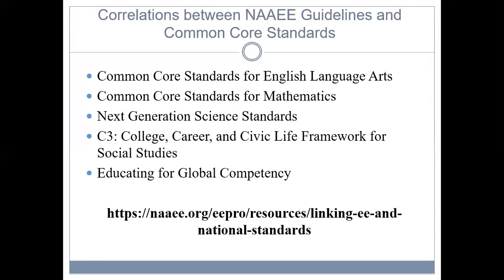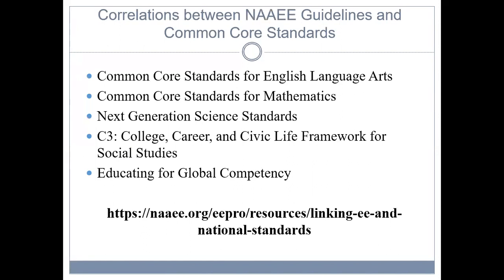A couple other resources I wanted to share with you about the National Guidelines for Excellence. Depending on where you work and how you use the guidelines, there are quite a few tools up on NAAEE's website that will help you match what you're doing in your work to some of these national standards.